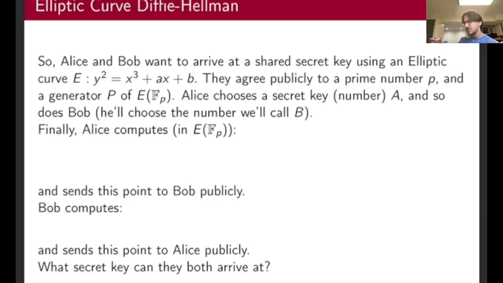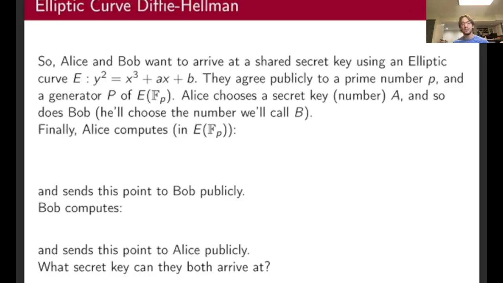Before, we took the generator to her secret key, because the operation there was multiplication and the group was generated by g to the stuff. Now the group here is generated by just multiples of the base point, the generator. So she's going to choose a secret key, capital A.